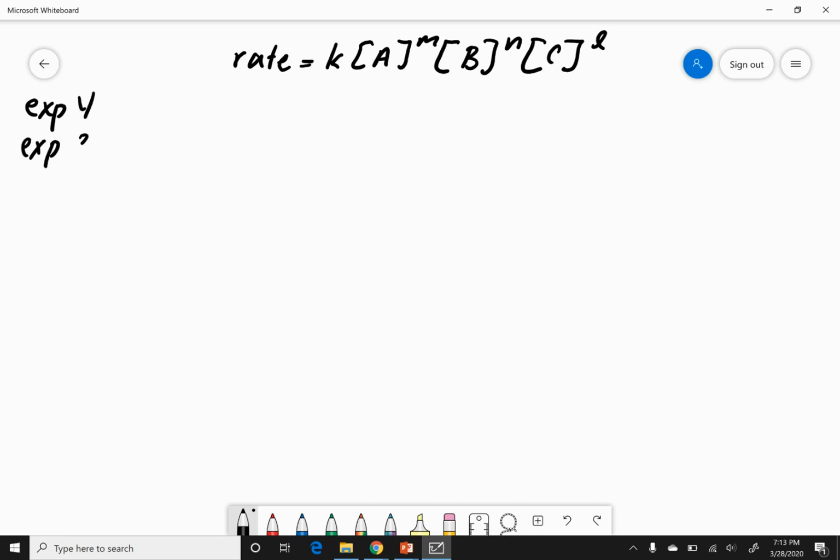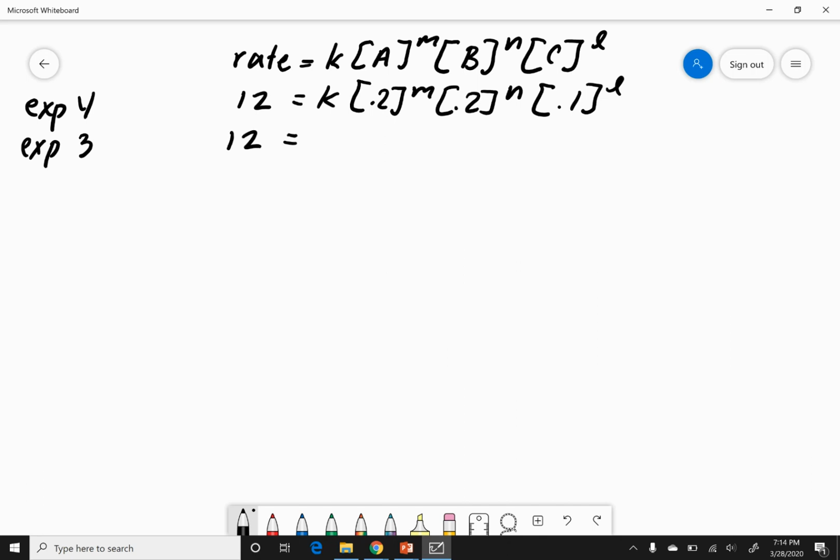And I'm going to compare that to experiment 3, where B is changing and everything else is the same. So let's write down the data. 12 is our rate. K equals 0.2 raised to the mth, 0.2 raised to the nth, and then finally 0.1 raised to the nth.